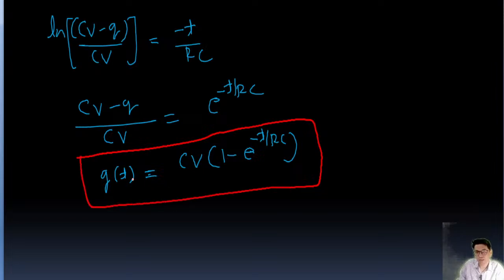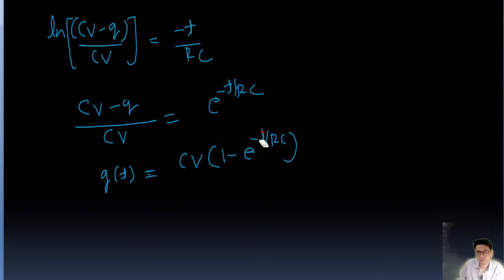Okay, Q, which is a function of T, equal to CV into 1 minus e to the power minus T upon RC. Very important result.